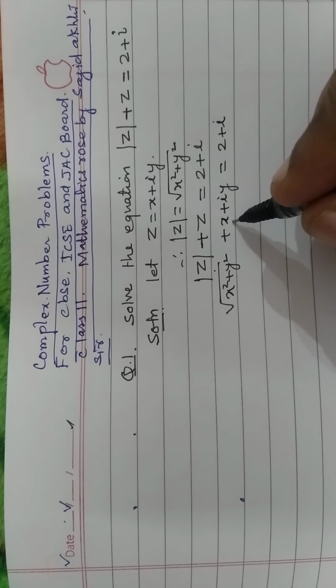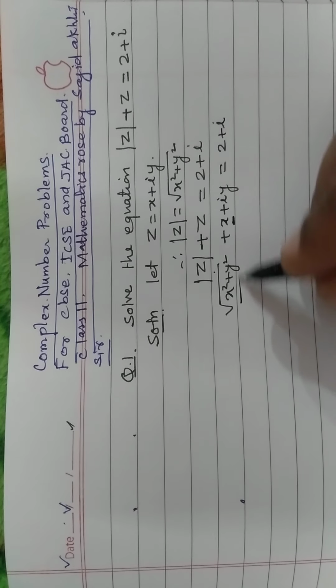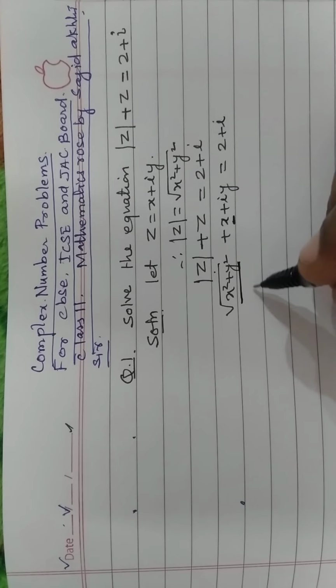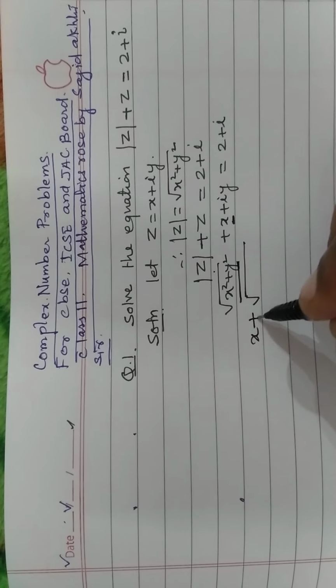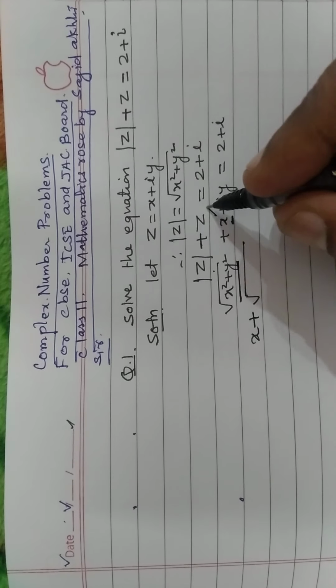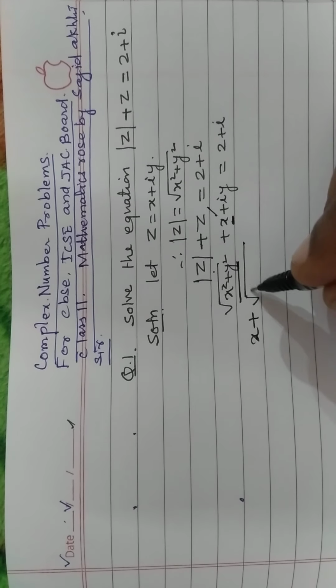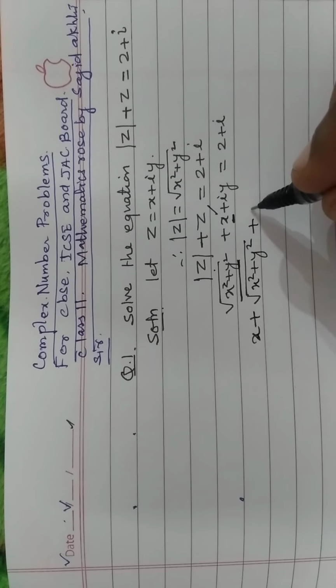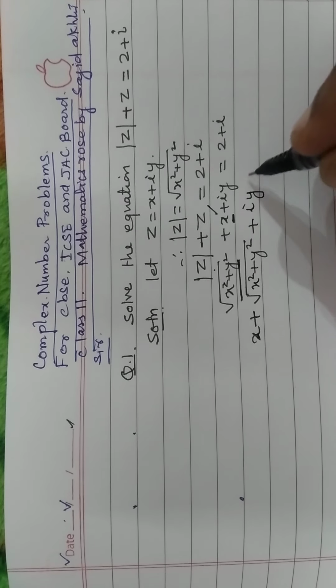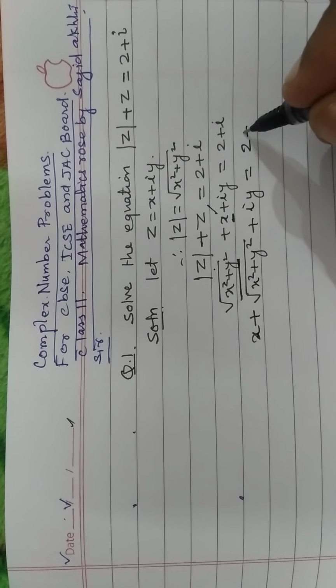Now here this is the real part and this is the whole real number. So we can write x first, and then root under x square plus y square, and then plus iy is equal to 2 plus i.